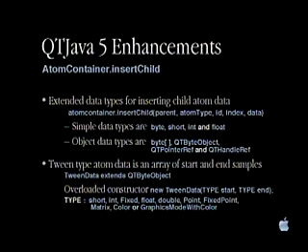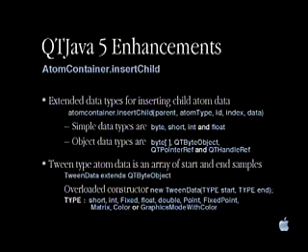And how we've implemented this is to overload the constructor. So we take a start and end value, and the types are short, int, fixed, float, double, point, fixed point, etc., which are all the types that you will need to create QuickTime tween type atoms.